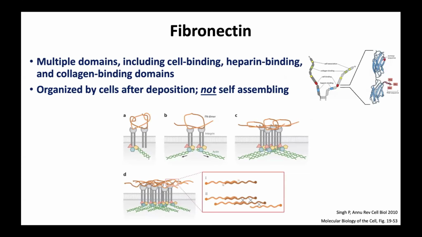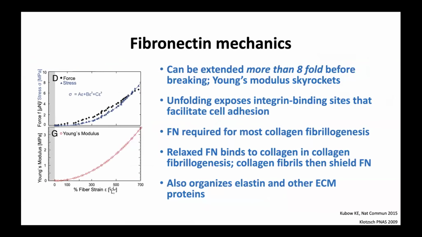Fibronectin is organized by cells after it's deposited. It does not self-assemble. So you can end up with some very complex fibronectin assemblies, but that all happens organized by the cell after it's deposited. And just quickly, fibronectin is pretty cool mechanically because you can extend it 8-fold before it breaks.